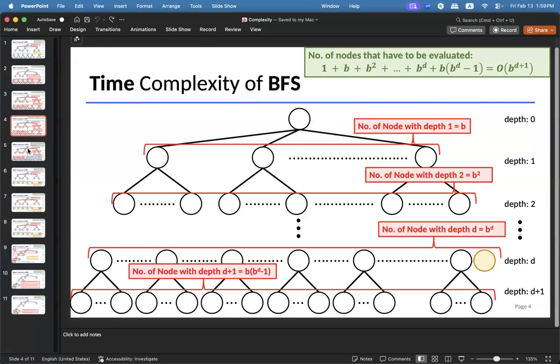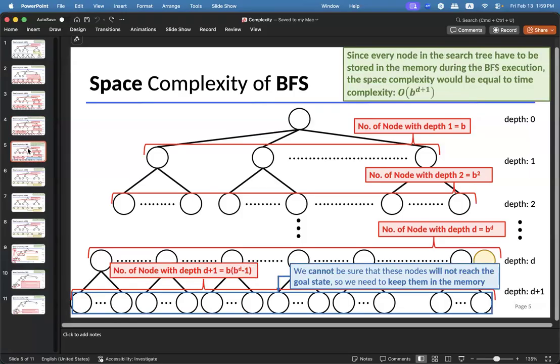And for the space complexity, essentially we just consider how many nodes we have in the search tree, and that is the end of the story. So it is also big O of B powered by D plus 1. You may ask, Professor, why is this the case? The reason is simple.